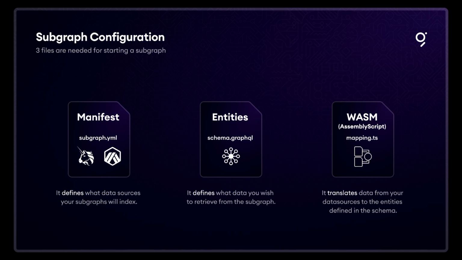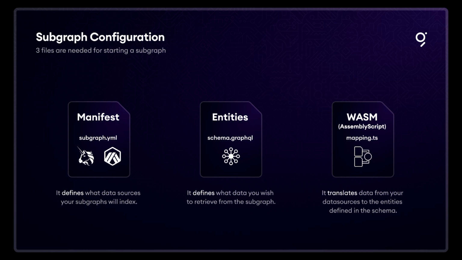If you want to store this data in a specially organized way in a subgraph, you have to define exactly what data types you care about and how they should be stored. Your schema correlates directly to how you query data and how you receive data in those kinds of objects. We'll get closer into it. I know this is probably a little deep, but we'll actually show it in the real world.